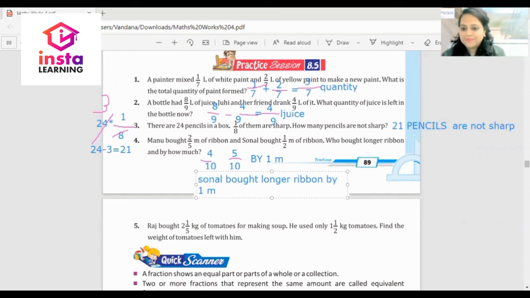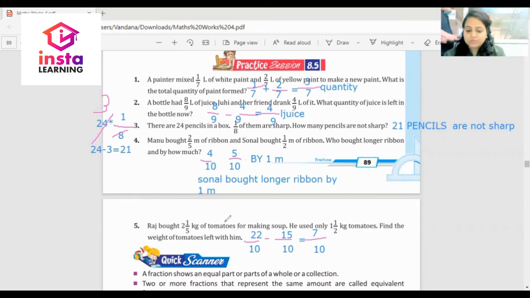Okay. Now, students, it's your question number 5. Rahul bought 2 and 1 upon 5 kilogram of tomatoes for making soup. Here 2 is the whole number and 1 upon 5 is the proper fraction. He used only 1 upon 2 kilogram of tomatoes. Find the weight of tomatoes left with him.